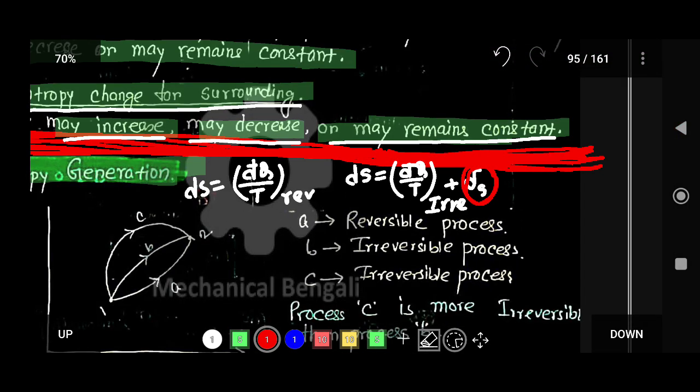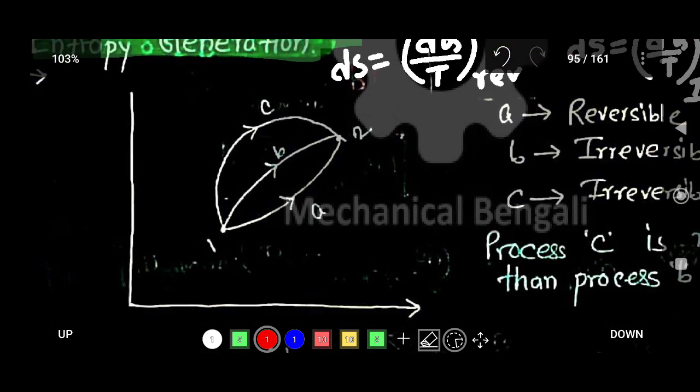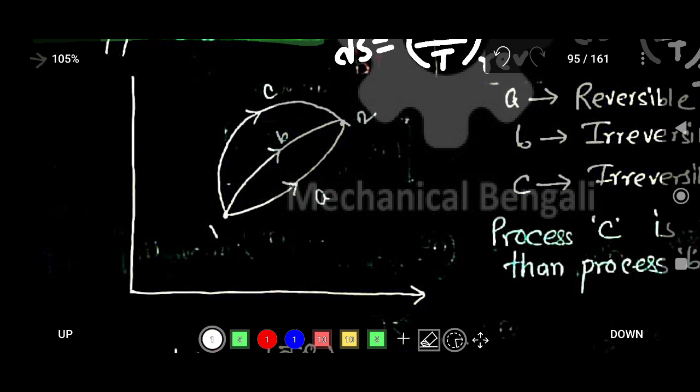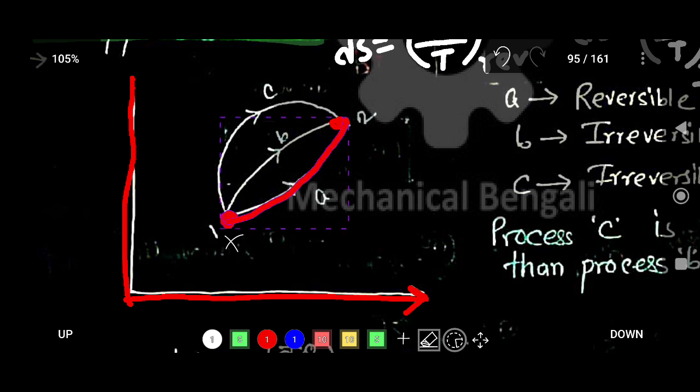Now consider the y-axis, which may be pressure, temperature, or volume, and the x-axis, which may be any property, that is enthalpy or entropy. This point is state 1 and this point is state 2. Consider a process a from state 1 to state 2, another process b, and another process c, from state 1 to state 2.